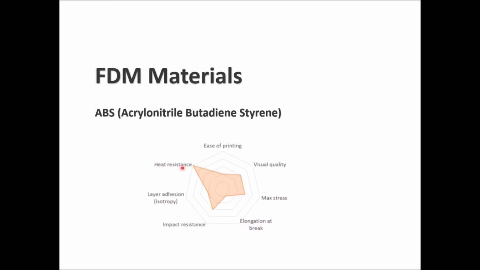It's doing a good score, considered very good in heat resistance, a little bit less than medium in impact resistance. Then maximum stress is a little bit under medium, visual quality a little bit under medium, layer adhesion is considered low, and elongation at break is low as well.